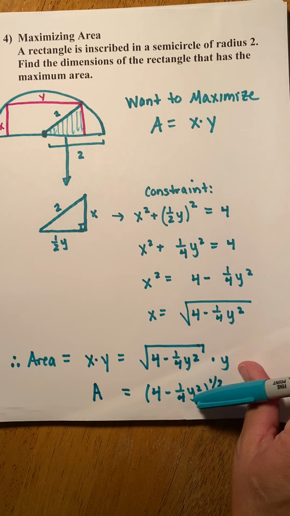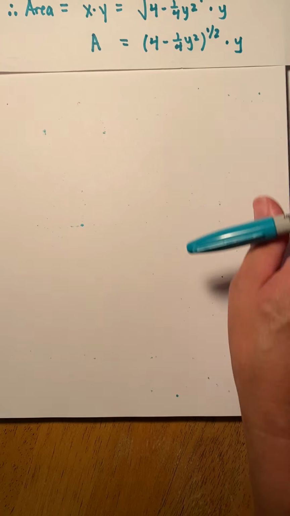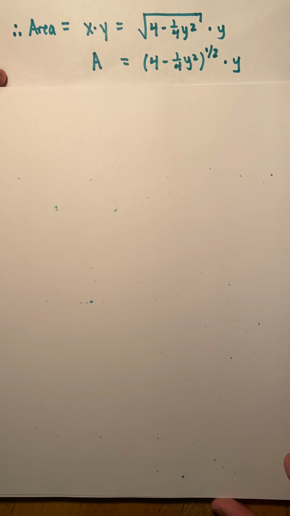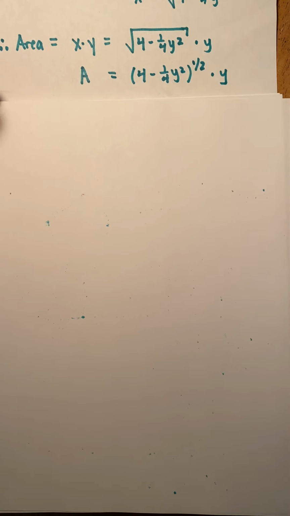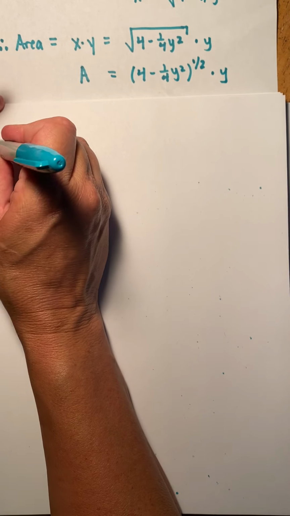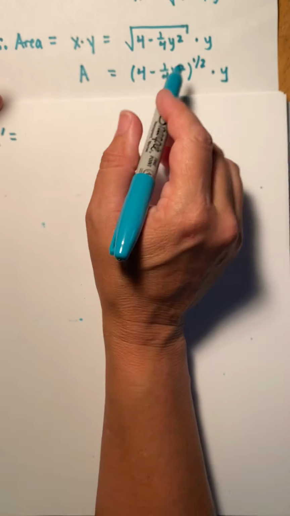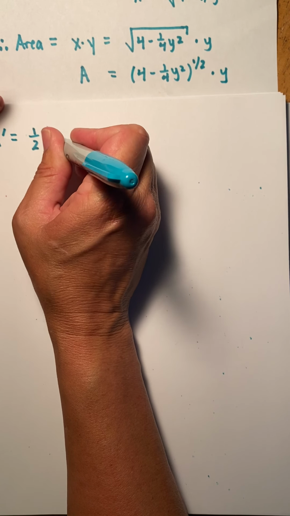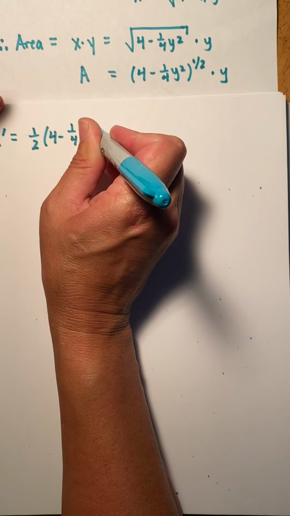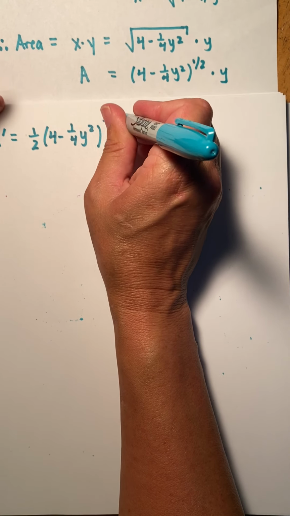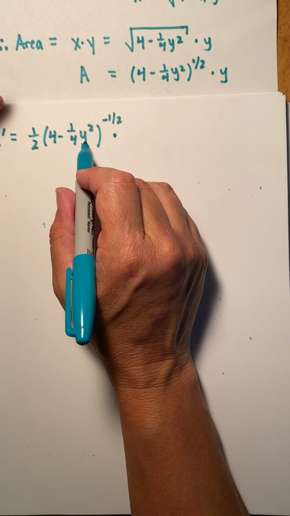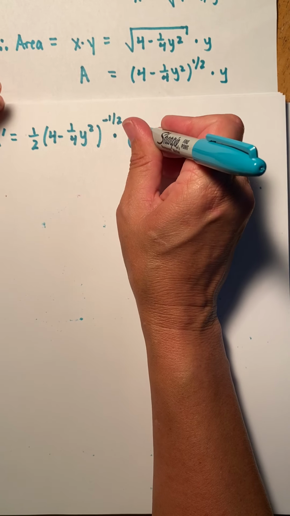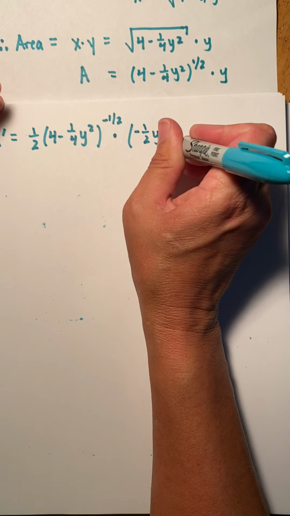Right, we want to maximize the area, so we need to find the critical numbers of this function. We find the critical numbers by taking the derivative and seeing where the derivative is either 0 or undefined. So let's say the derivative of the area is the derivative of the first, because we have a product: 1/2, leave what's inside alone, drop the power by 1, times the derivative of what's inside. So the derivative of what's inside is negative 1/2 y.